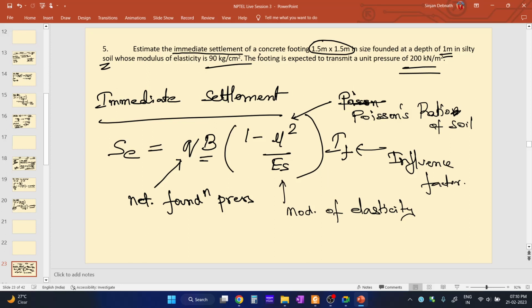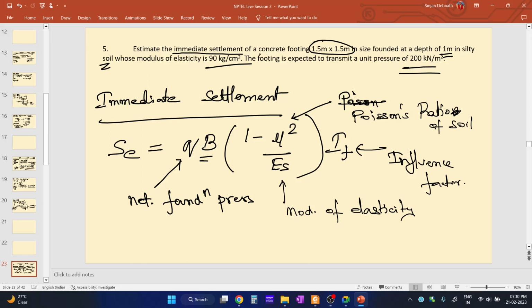Now what is the influence factor? Suppose we have been asked to find the immediate settlement for a rigid footing.